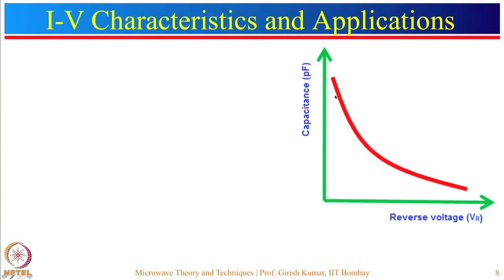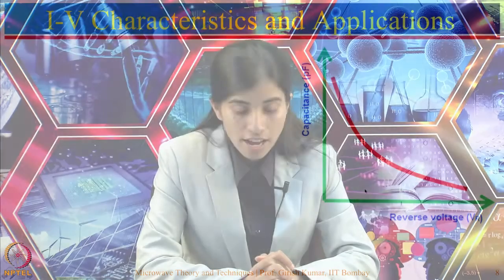Next, I'll talk about the IV characteristics of this diode. As I mentioned earlier, capacitance decreases with increase in reverse bias voltage. So, this shows the characteristics of the Varactor diodes. Now, these characteristics of the diode can be altered by changing the doping profile. So, there are two types of doping profile, abrupt and hyper abrupt.